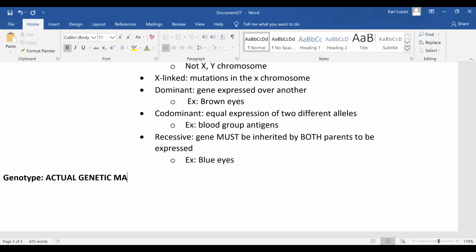So this one's autosomal dominant. So what that means is a single gene induces a phenotype. Single gene induces phenotype. So what does that mean?